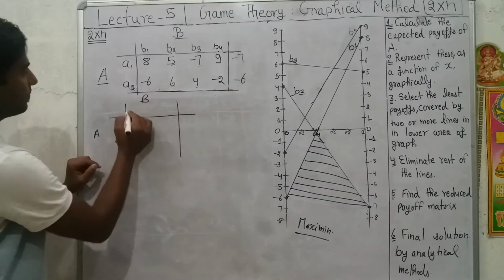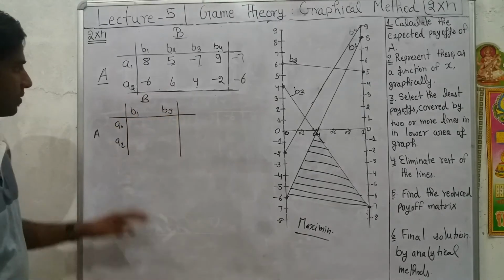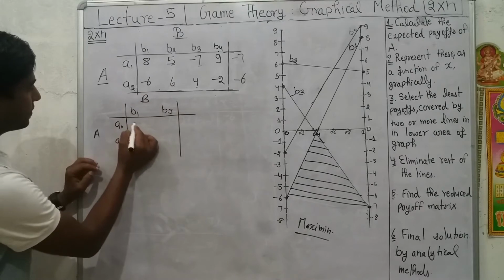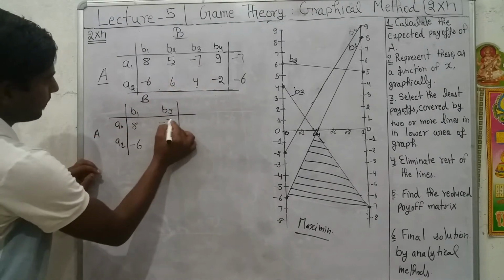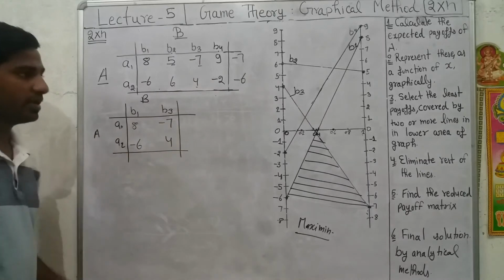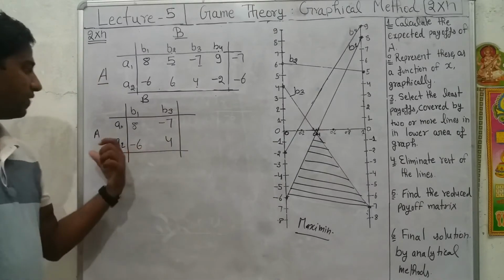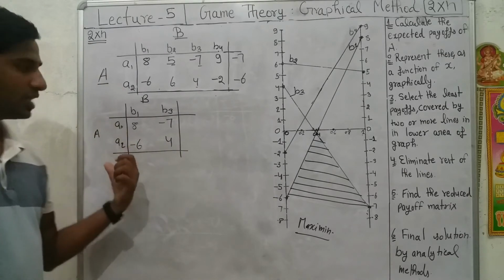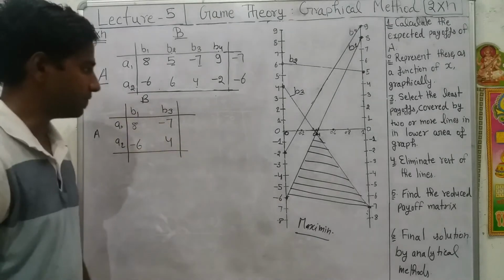So we are left with B1 and B3. So the values of this one would be -8, -6, and for B3, -7 and 4. So in this way, by applying the graphical method, we reduced the order of the game to 2 by 2. So now we have two strategies with company A, and similarly two strategies with company B.